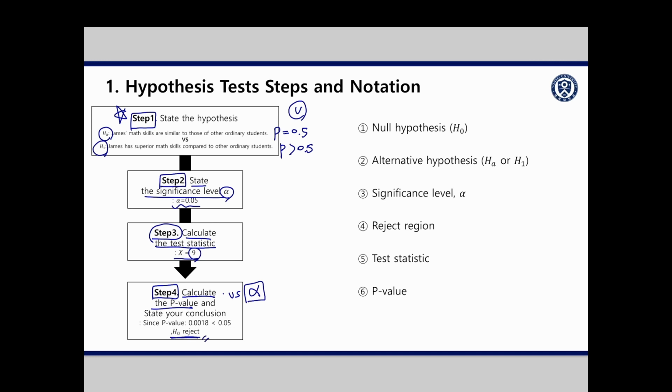Okay, in this example, we can reject H0. So James has superior mathematical skill than other students. Okay.